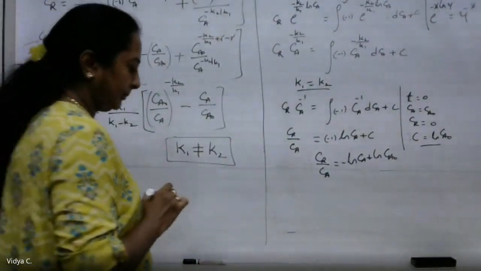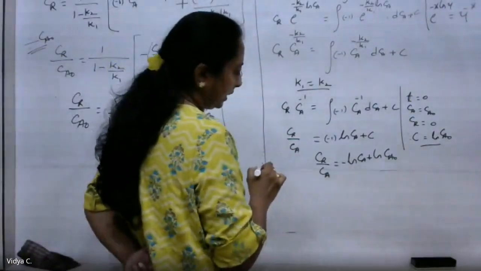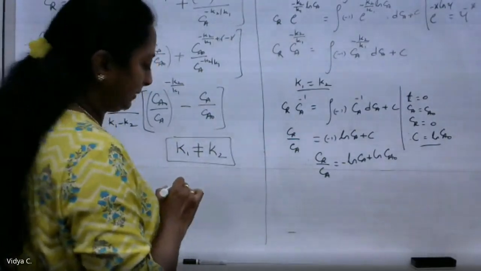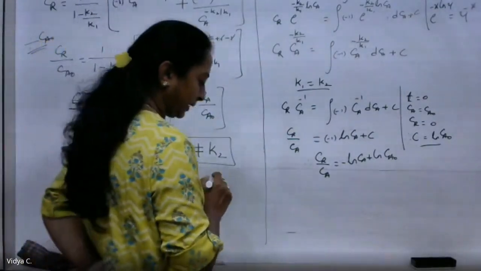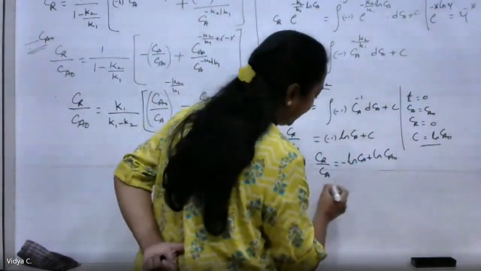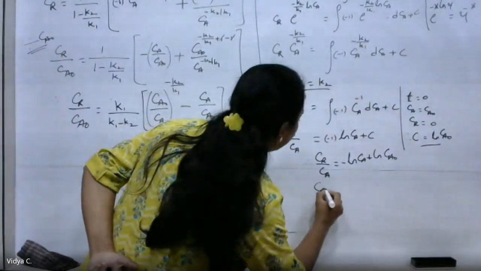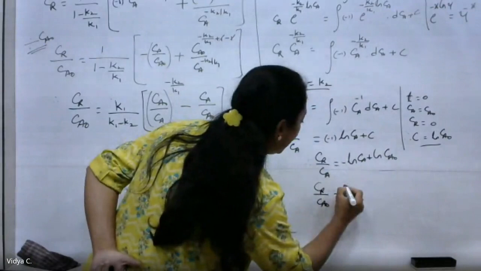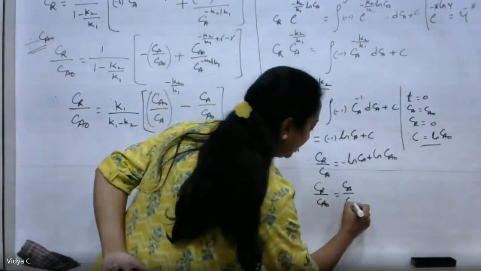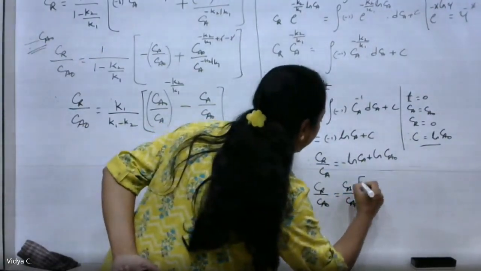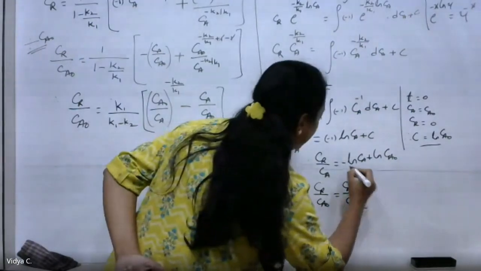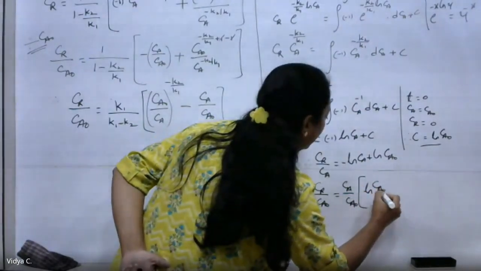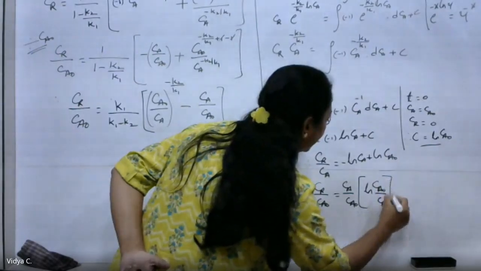If we continue here only. Now what I'll do, I'll divide the entire equation by CA naught. So if I divide this entire equation by CA naught, what we get here is CR by CA naught, and this CA I'll take to LHS, CA by CA naught into minus, okay, this can be written as ln of CA naught by CA.